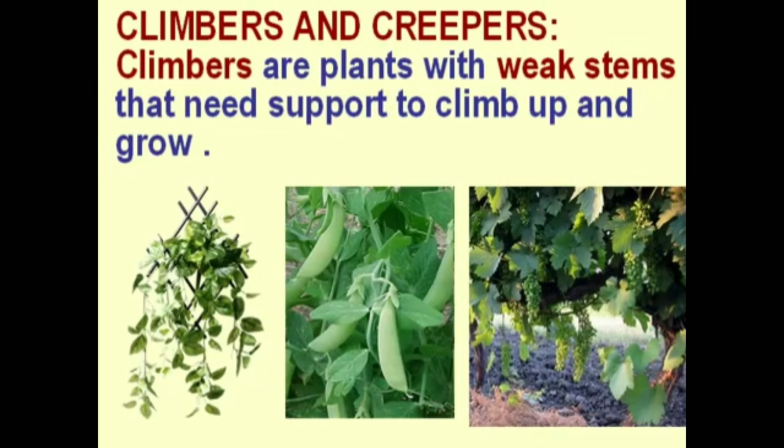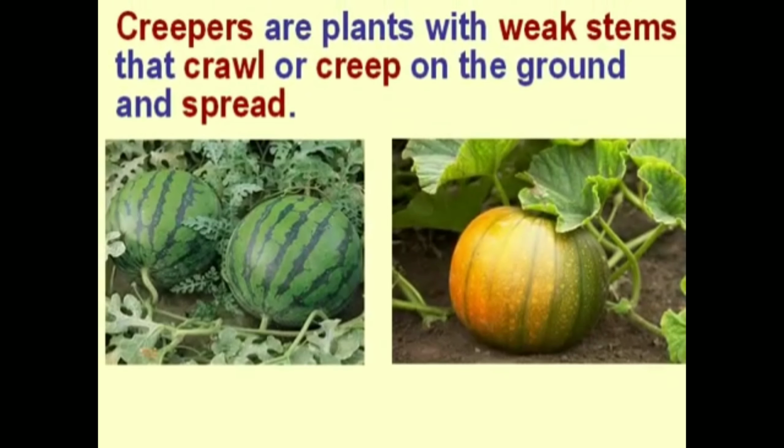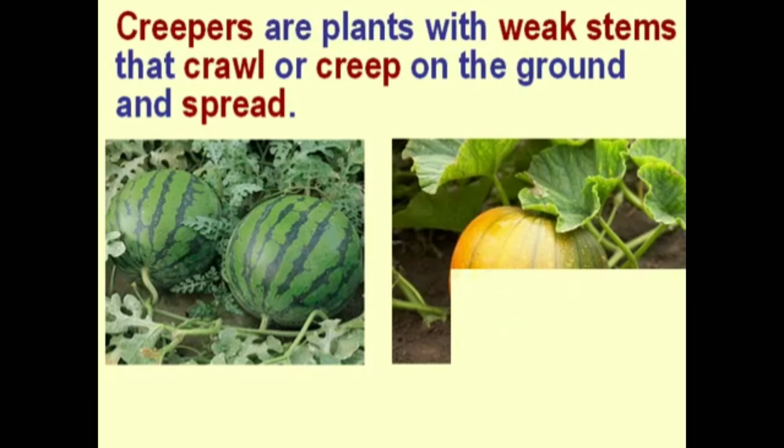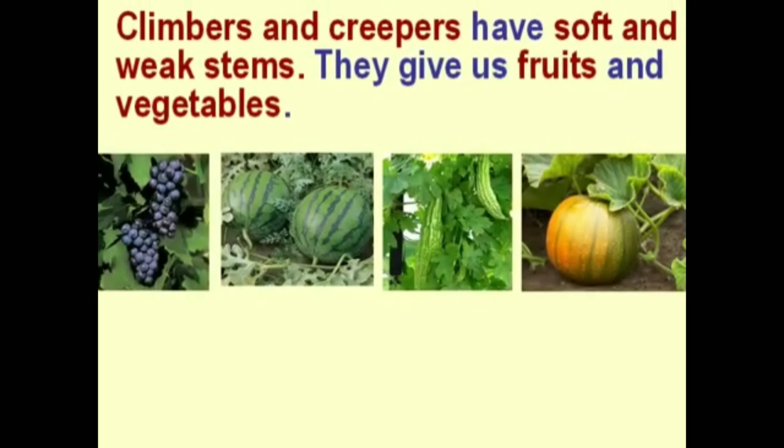Climbers are plants with weak stems that need support to climb up and grow. Earlier mentioned, creepers are plants with weak stems that crawl or creep on the ground and spread. Climbers and creepers have soft and weak stems.